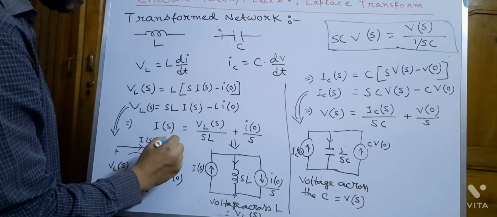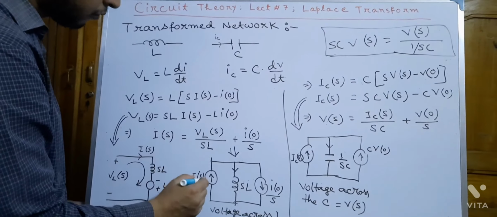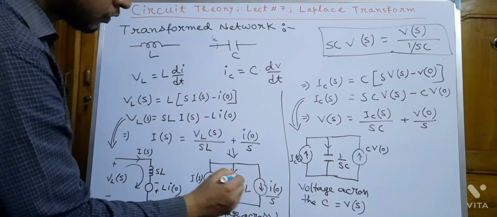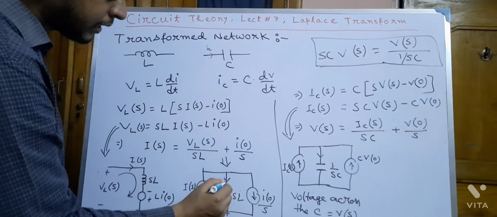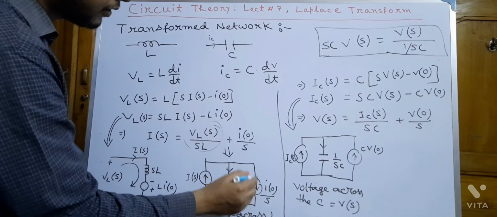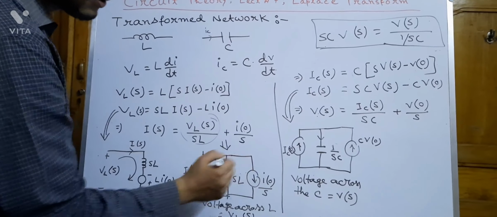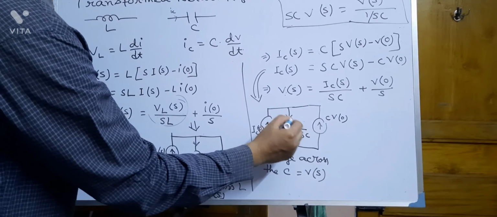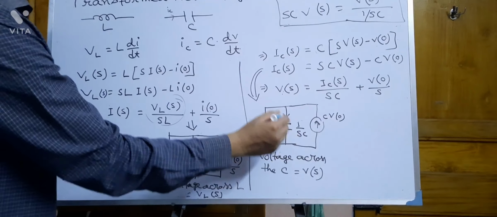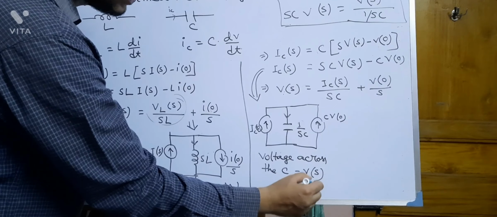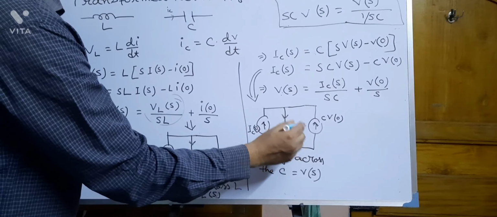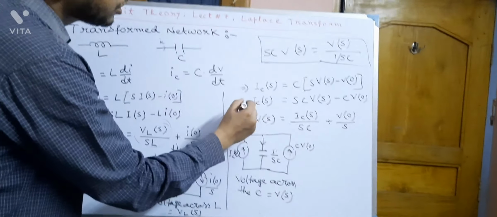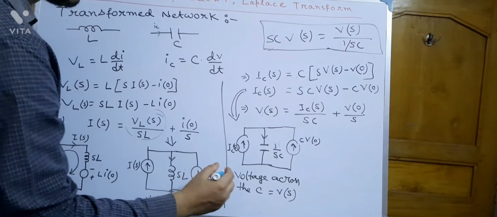So we can satisfy the current equation: IS equal to this current plus this current. This current equals VLS by SL, and this current is I0 by S. Here also this current equals the sum of this current and this current, Vs by 1 by SC. This is the impedance, not the reactance. So this equation can well be satisfied.